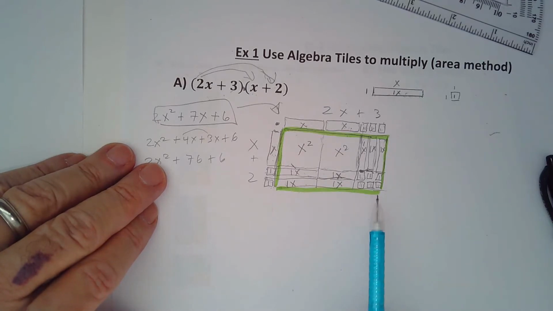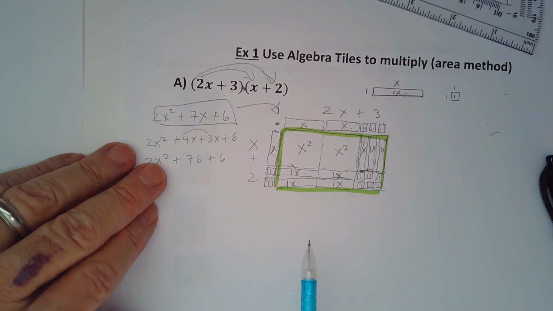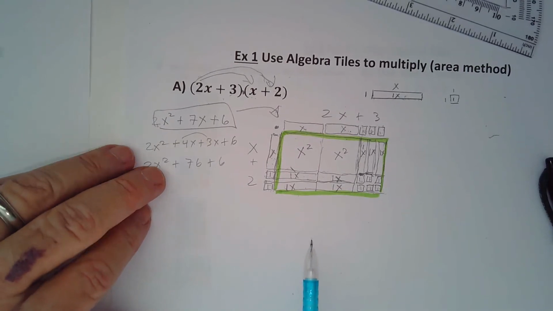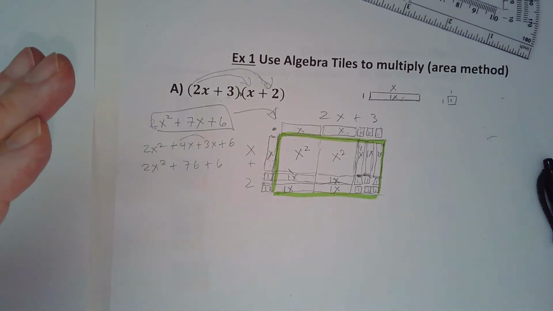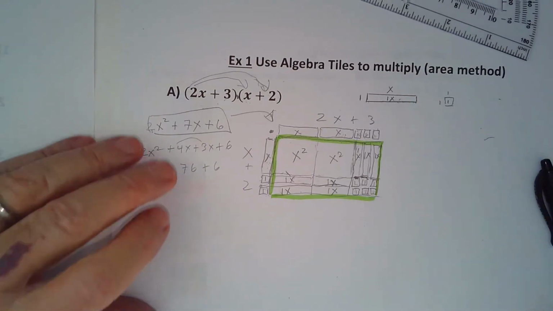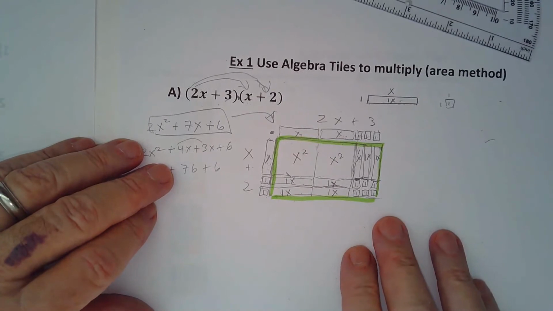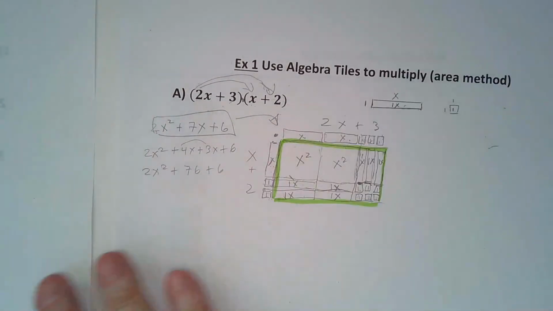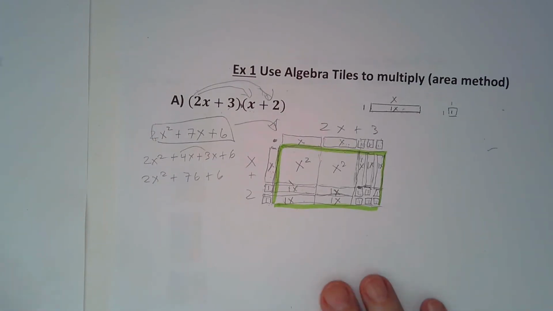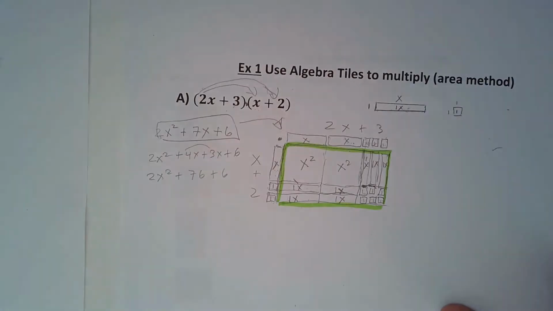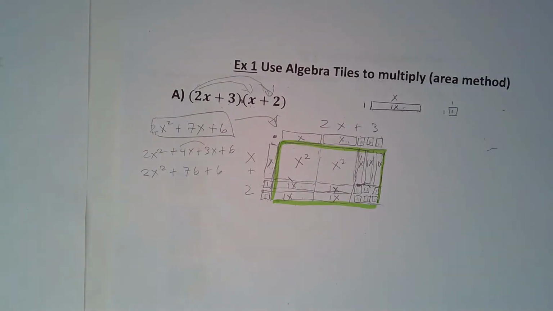You can use this method with the multiplication of any pair of polynomials, no matter how many terms they've got. It'd make a great big picture if it was a high polynomial, but you could do it. So this is a real way cool way to do things. All right, so you're going to be doing this in IXL, but IXL shows it a little bit differently.